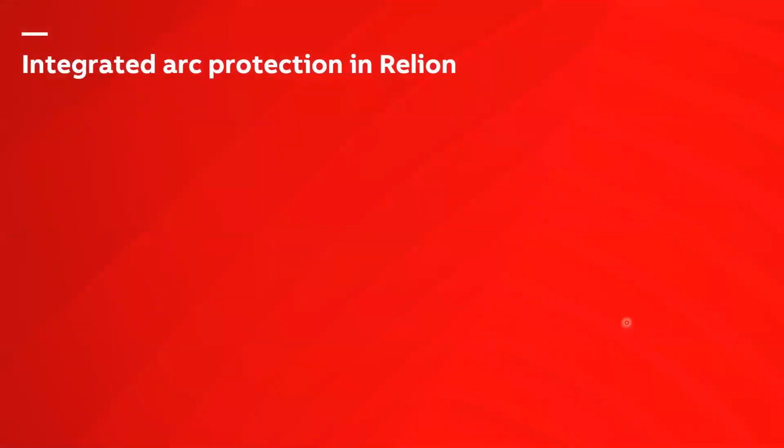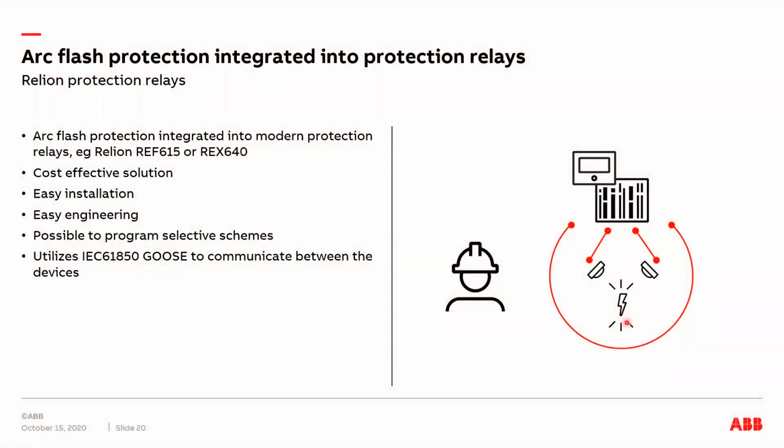So now a few words about ARC protection integrated into the Relion protection devices. ARC flash can also be integrated directly into the normal modern protection devices, like for example the ABB's Relion REF615 or the multi-application device REX640.